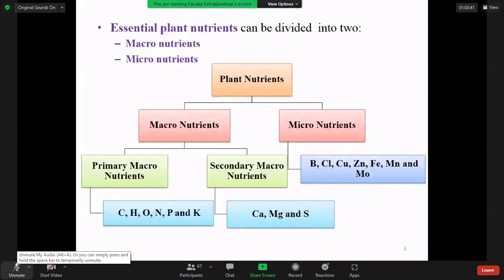There are two types of macronutrients: primary macronutrients and secondary macronutrients. Carbon, hydrogen, oxygen, nitrogen, phosphorus, and potassium are primary macronutrients. Calcium, magnesium, and sulfur are secondary macronutrients.